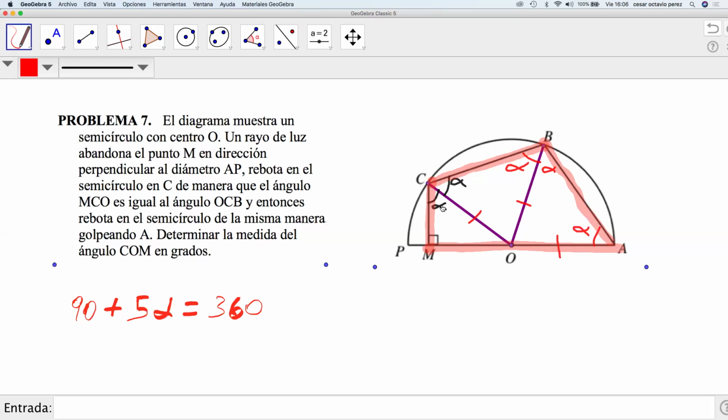5 alpha, 5 alpha. Yes. 1, 2, 3, 4, 5. And alpha will be 60 divided by 5.